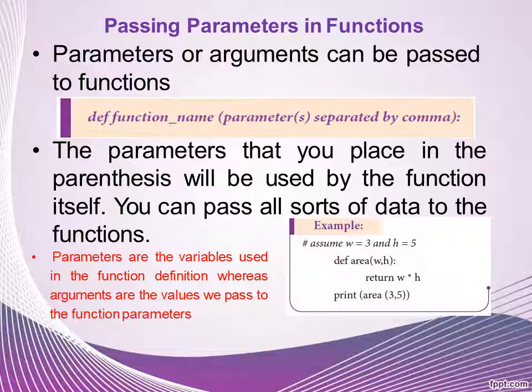Arguments are the values we pass to the function parameters. In that function we have already declared the return value w star h, so automatically print area 3 comma 5 will be evaluated.